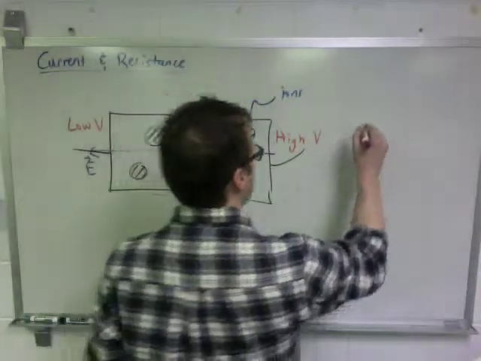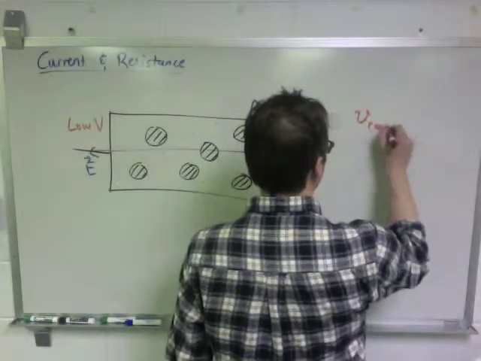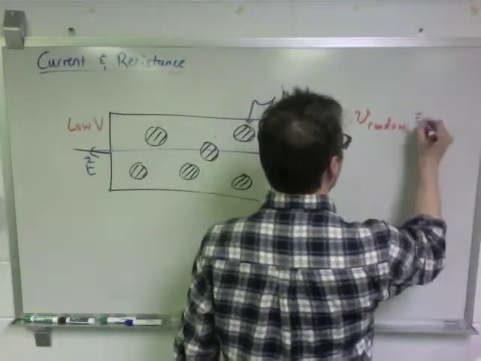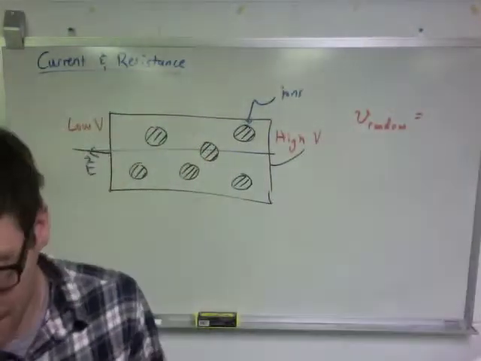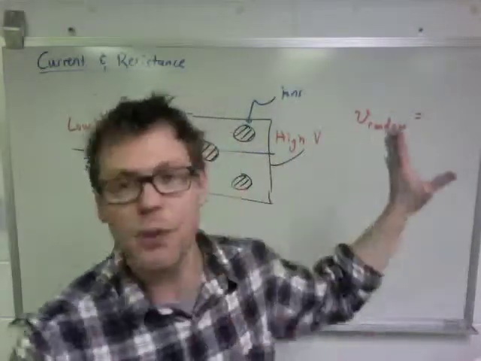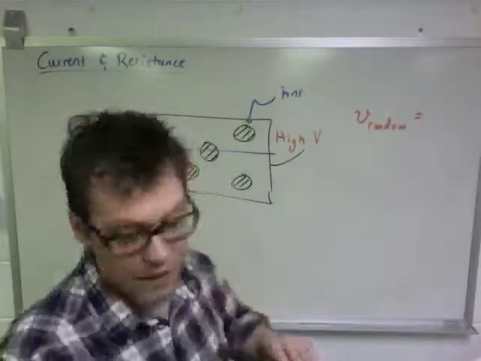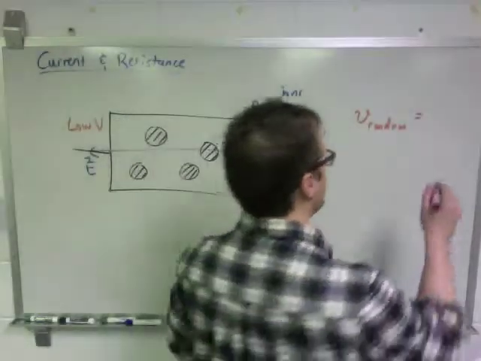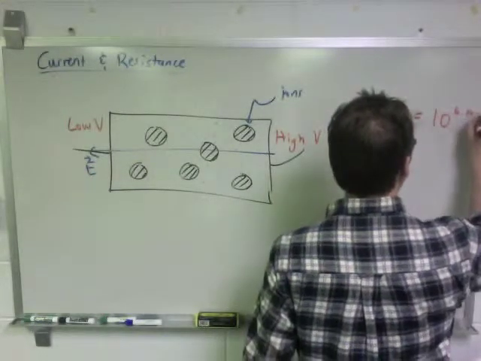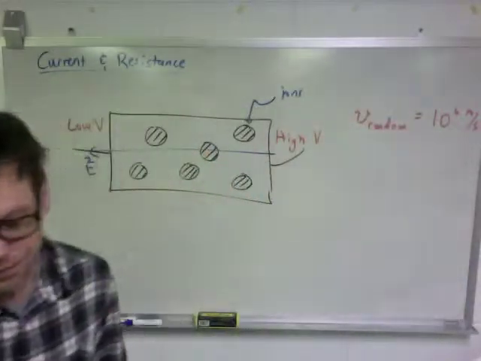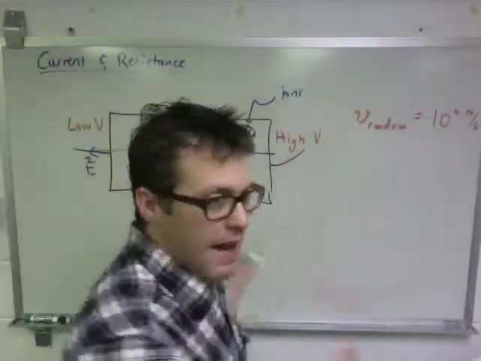I call this the random motion of the electrons. A typical random speed of an electron in a conductor, even without an electric field, is something along the lines of 10 to the 6 meters per second. These things are zipping around really fast. And that's always going to be happening.